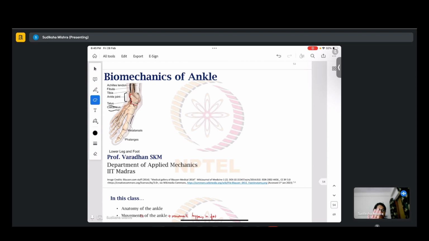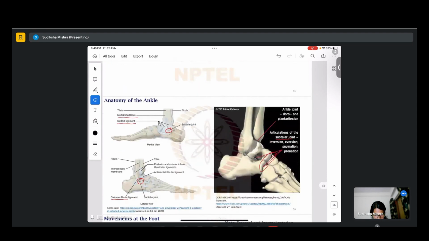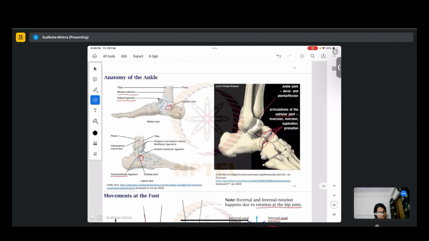Similar to the palm, where there are carpals, metacarpals, and phalanges, the foot has tarsals, metatarsals, which connect to the talus and calcaneus, and phalanges. Again, the ankle is one of the joints which holds a lot of weight.